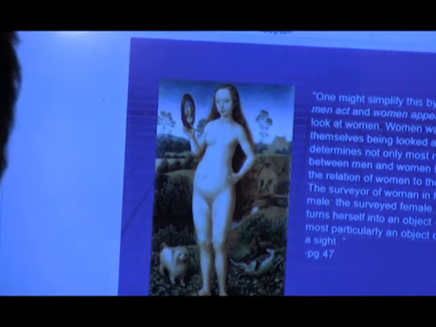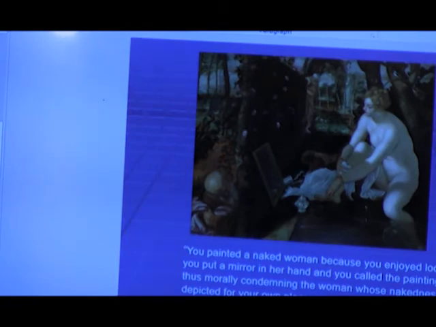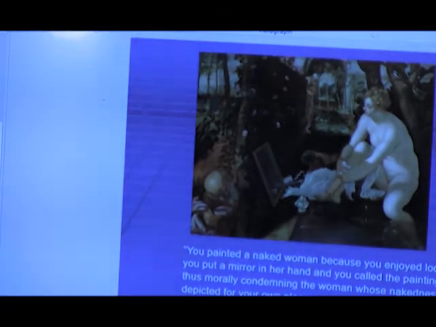But what Berger is going to say here is this. He says, thus you call the painting vanity, thus you are morally condemning the woman whose nakedness you had depicted for your own pleasure, right? He said the real function of the mirror was otherwise. It was to make the woman connive in treating herself as first and foremost a sight. Let's run that again.